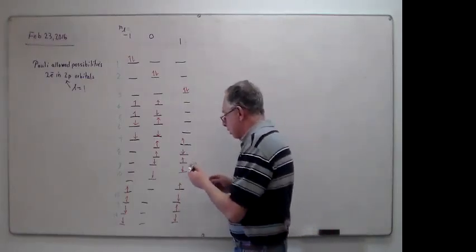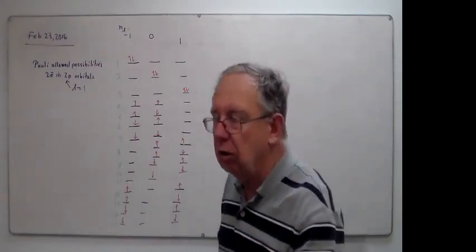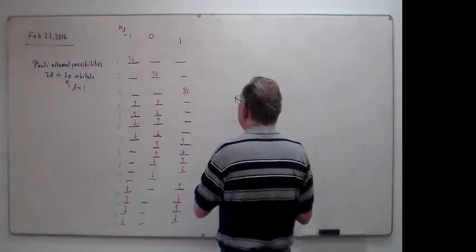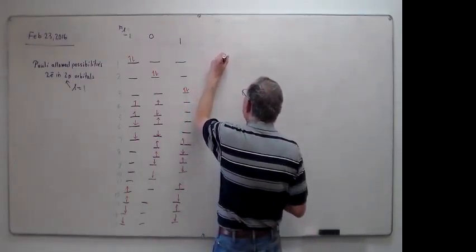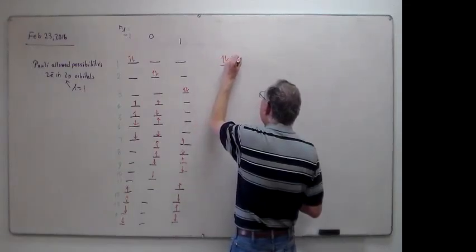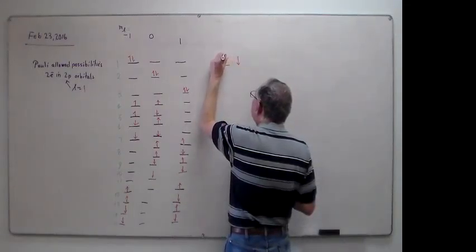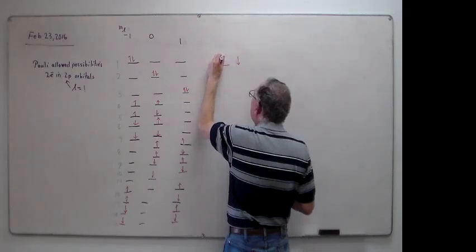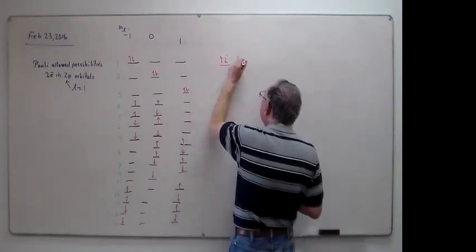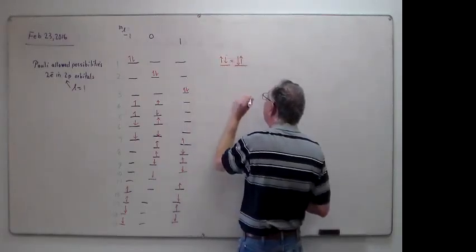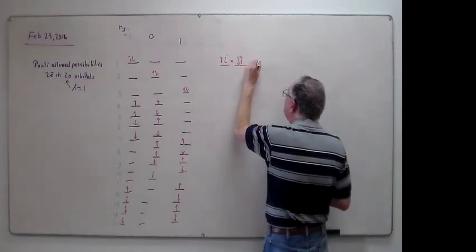And by the way, let's show you something that you can't do. Up, down, and down, up. So up, down, and down, up are equal, and you only get to count one.